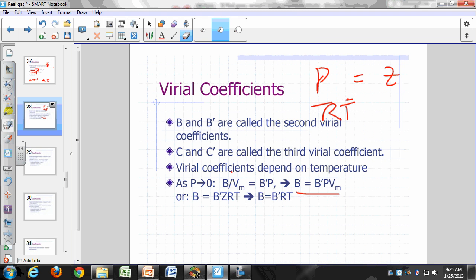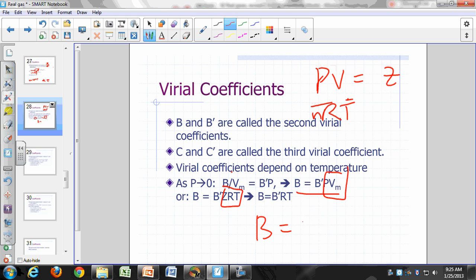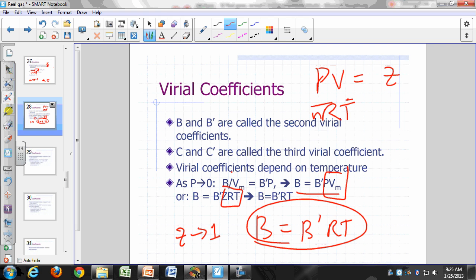So this thing right here, P times molar volume, is just ZRT. So B is just going to be equal to B prime RT, since Z is approaching 1. So that's a relationship between B and B prime.